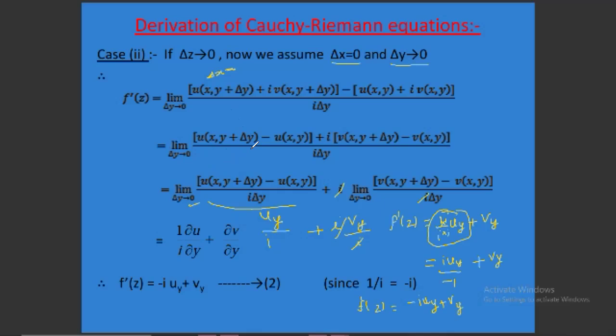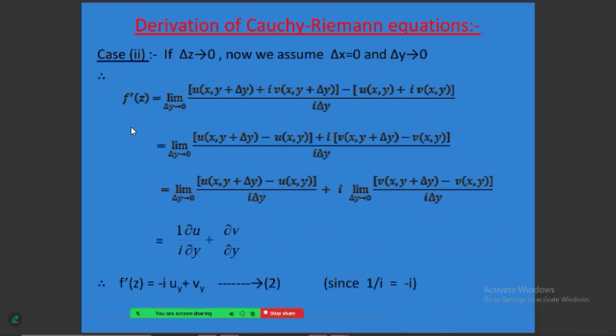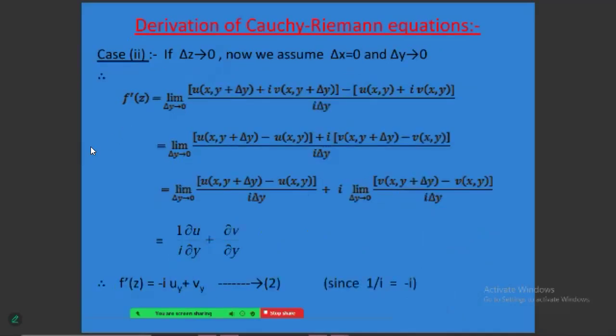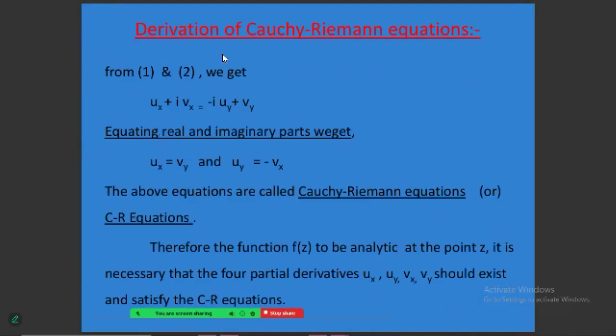Now, by the previous equation, f dash of z in equation number 1 is ux plus i vx, and f dash of z here is minus i uy plus vy. So I am going to compare these two equations.